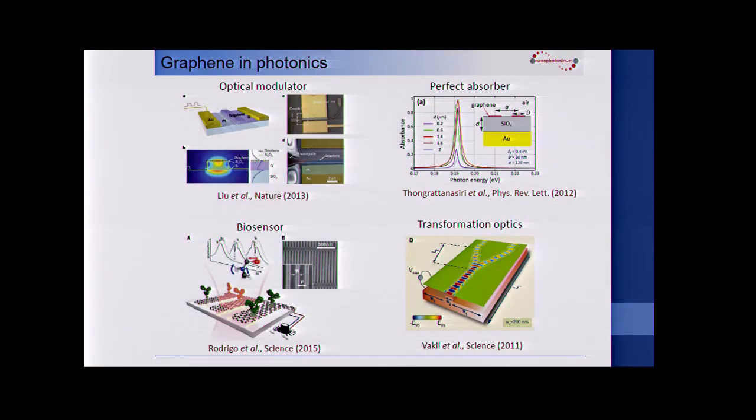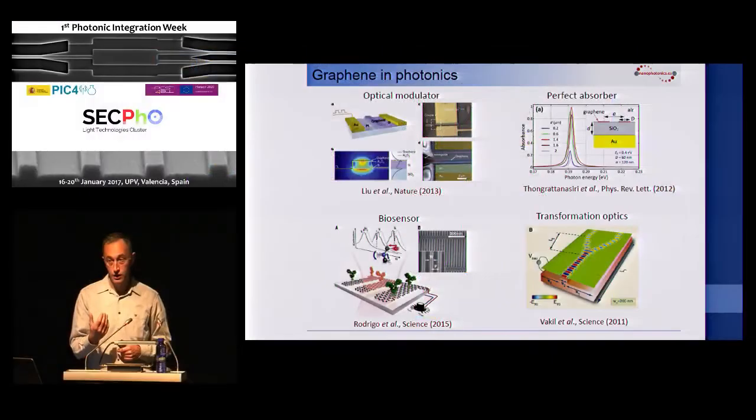So now I'm going to switch material. I'm going to tell you a little bit about graphene, right? And why graphene is an interesting material, because essentially for us in optics, it gives the possibility of tuning it, right? So essentially you can change its optical properties by applying voltages, right?